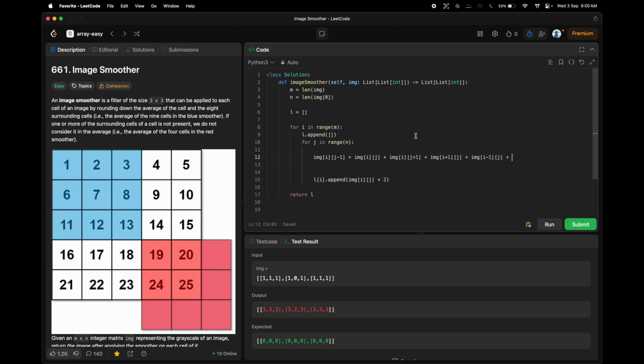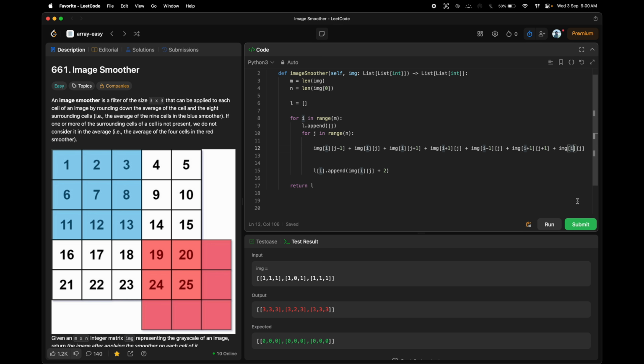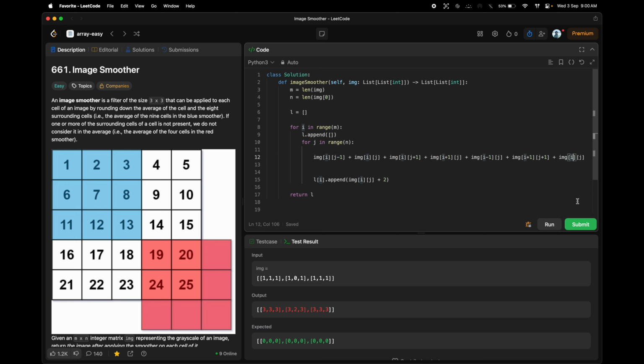Okay, and then now the diagonal. i plus 1, j plus 1 would be top right diagonal, I think. And then bottom left would be i minus 1, j minus 1.